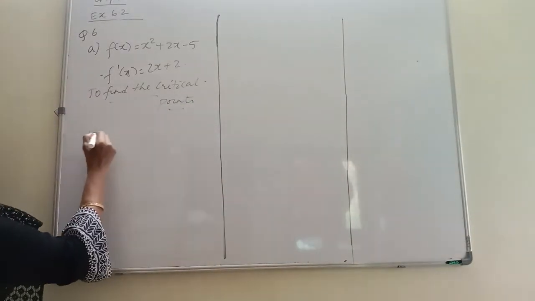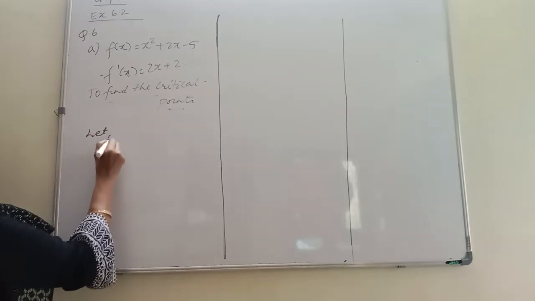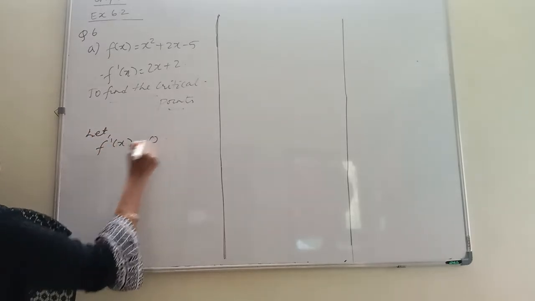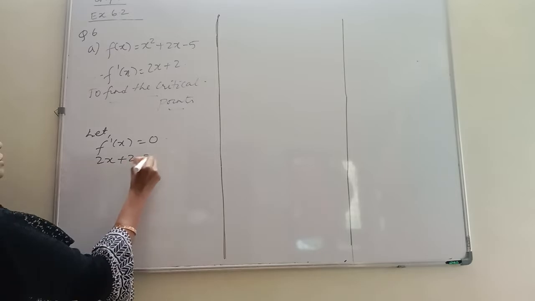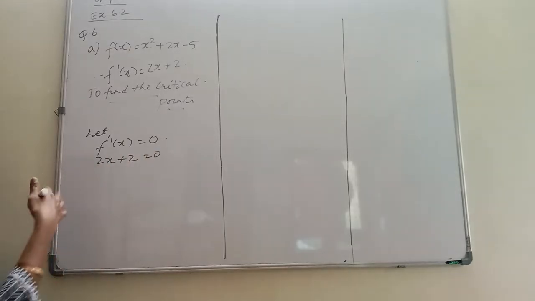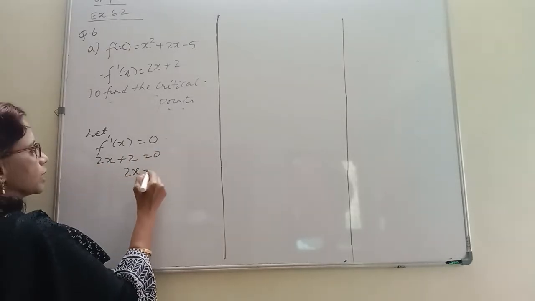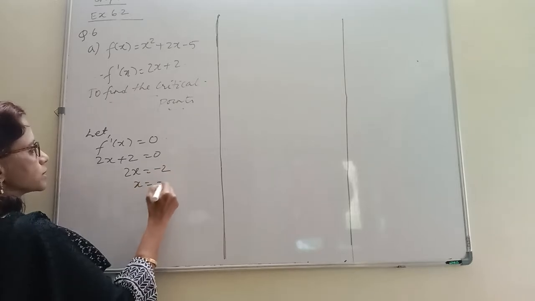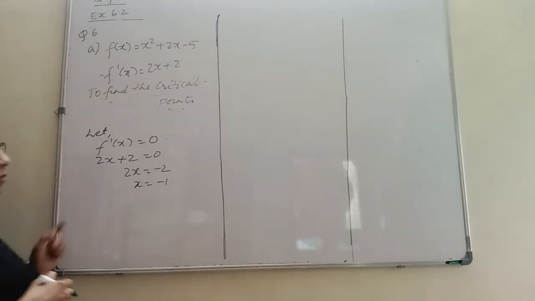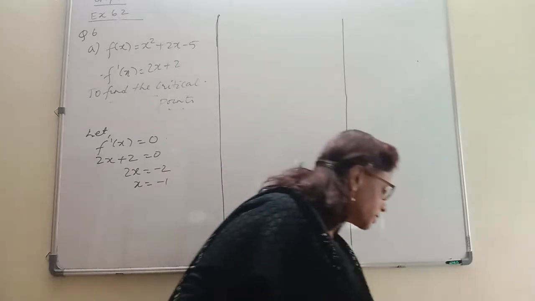For that we let f dash x be equal to 0, which is 2x plus 2 equal to 0. So 2x equals minus 2, and the 2 gets divided and x becomes minus 1.